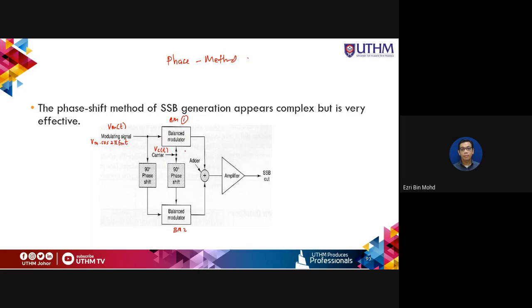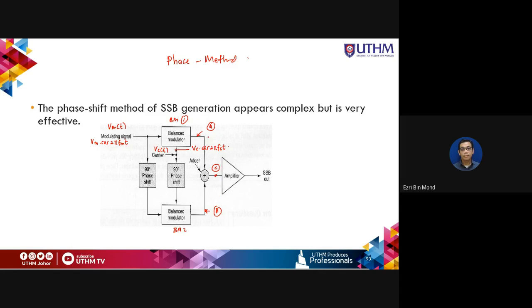Carrier is VC cos 2 pi FCT. Right. So in this point, let's say here A point, here B point, here C point, A, B, C. So we observe the resultant output at A, B, and C point.